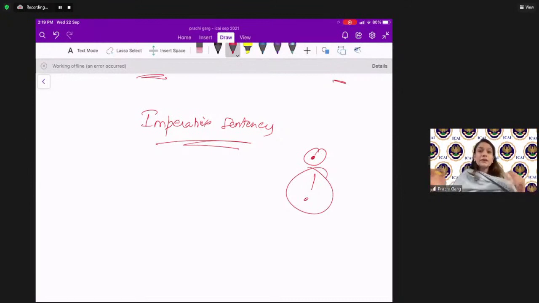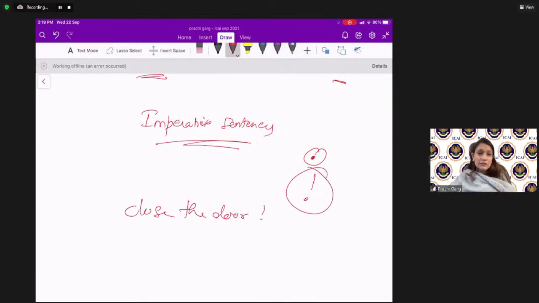If somebody is very angry, if I say, close the door right away, in that case I will use the exclamation mark because I am talking in anger here.